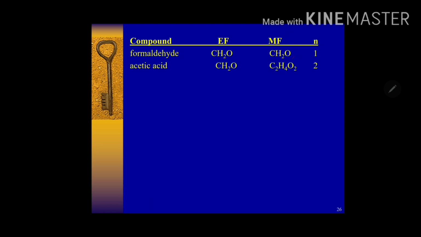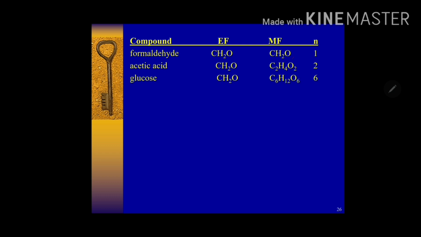Next example is acetic acid. You can see its empirical formula is CH2O and its molecular formula is C2H4O2. So N for acetic acid is equal to 2. Okay, you can see it is twice its empirical formula, right?